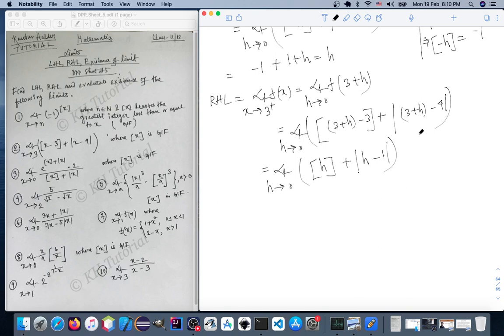Now h tending to 0 implies h is greater than 0 but less than 1.